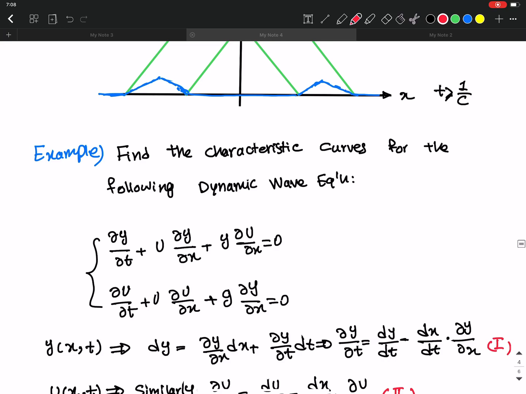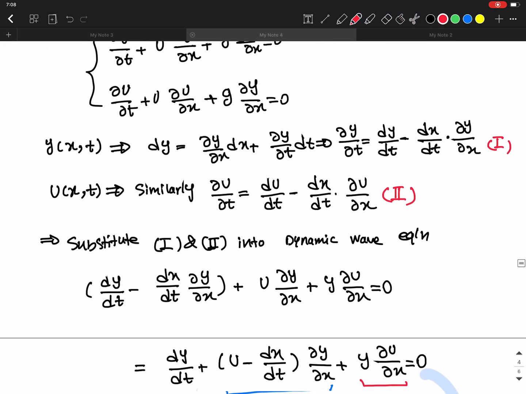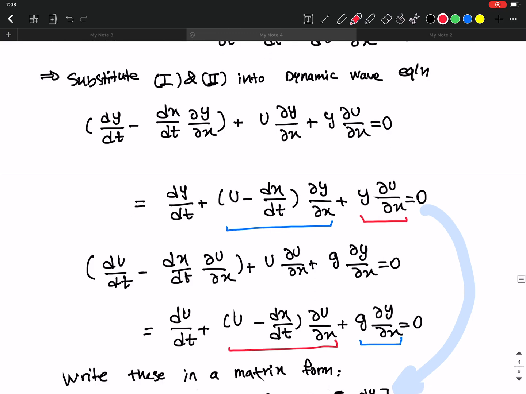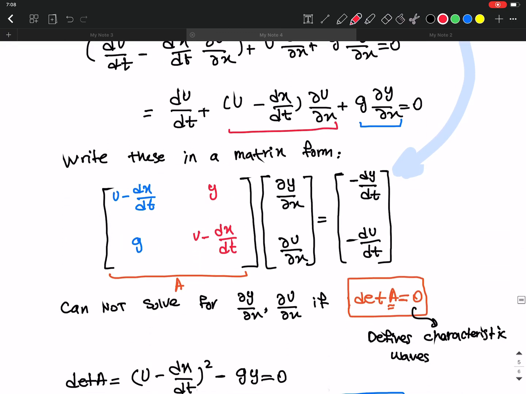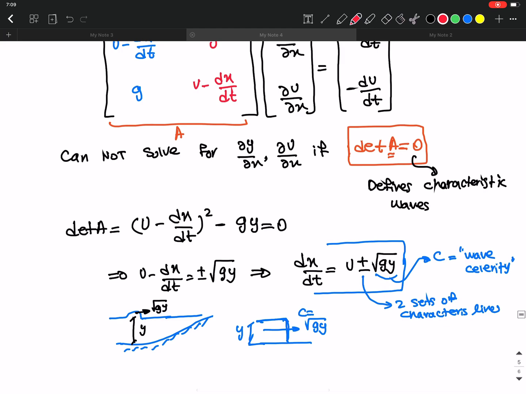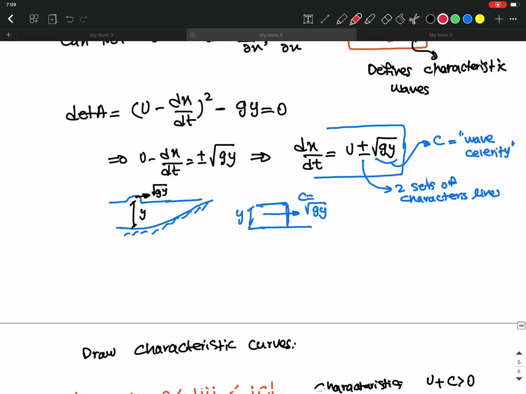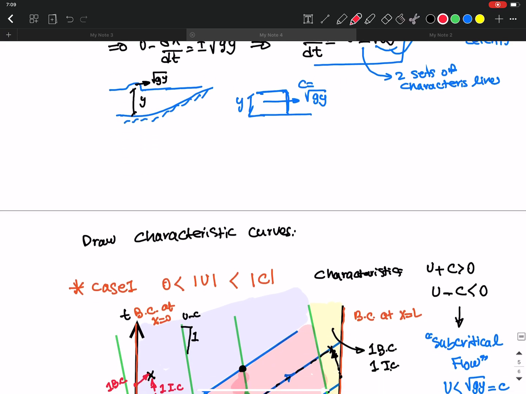And then we solved another example of a dynamic wave equation in which we used another method for finding characteristic curves, and that is by using this matrix form, where we define characteristic waves based on the determinant of this matrix. We found two wave celerities, and we showed the analogy of this in physics, which is just a water wave.